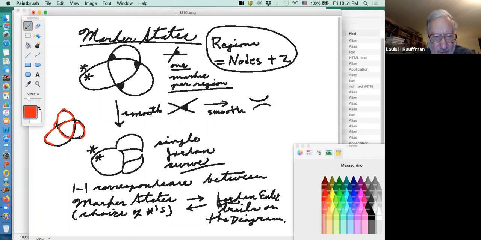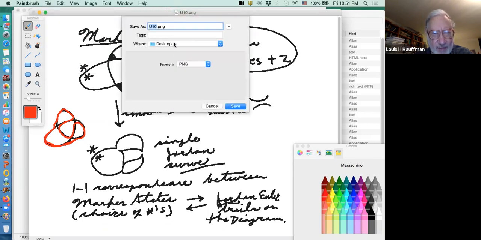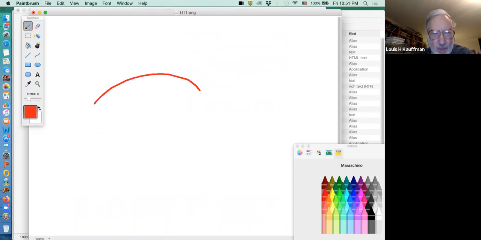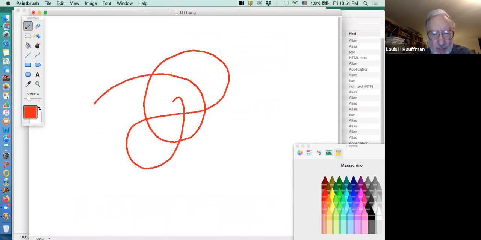So I remember long ago seeing a puzzle book when I was thinking about this and realizing that puzzleists independently had discovered this as a nice puzzle for a planar four-valent graph. Let's just draw one and contemplate it. Somebody hands you a planar four-valent graph, and it could even have more than one component.